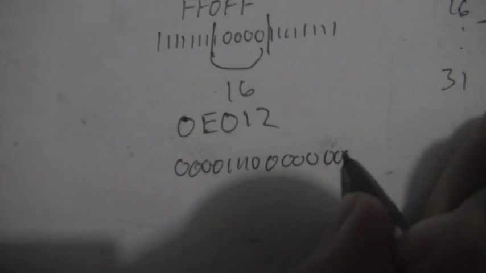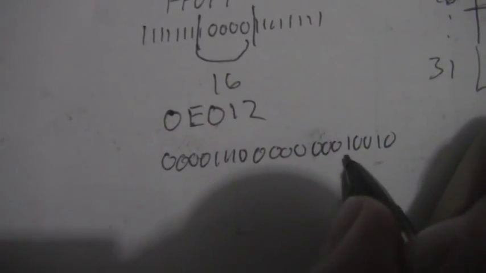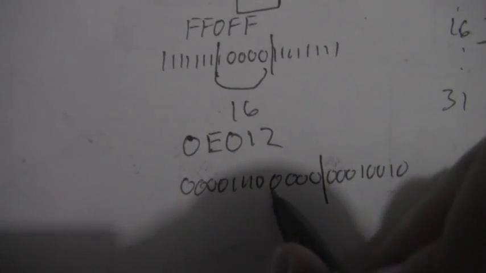Now, if I were to take 0E012, that would be, let's make this F, I miscalculated.